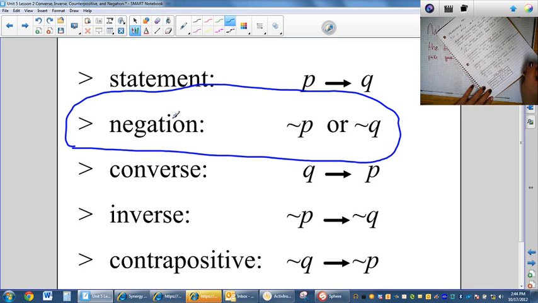If it is something, then the negation will be not. If it's not something, the negation will be it is. You learn the big fancy terms because they're much more accurate.